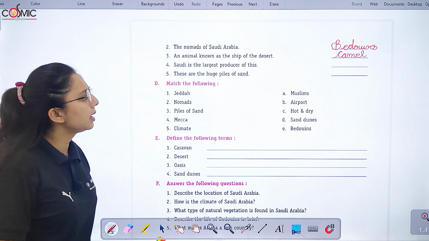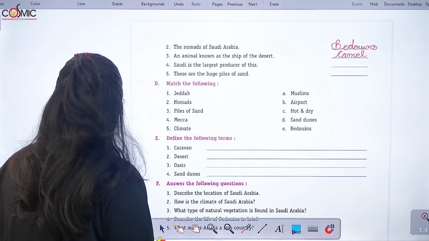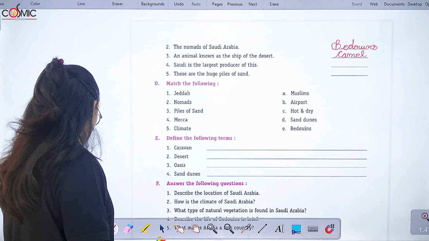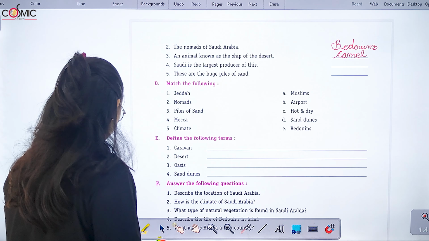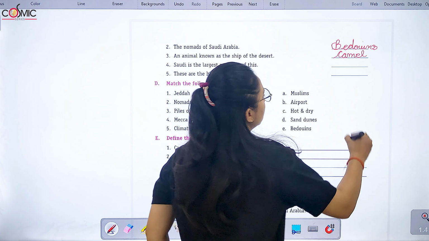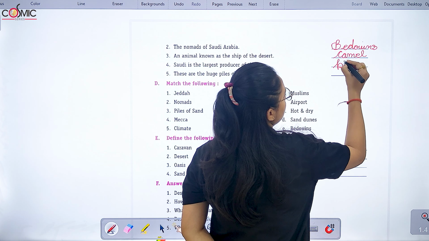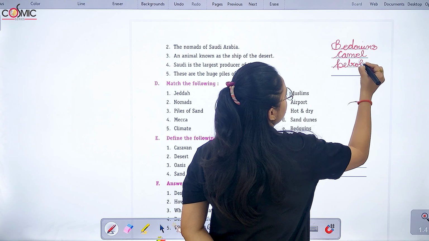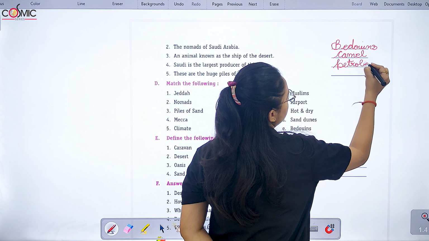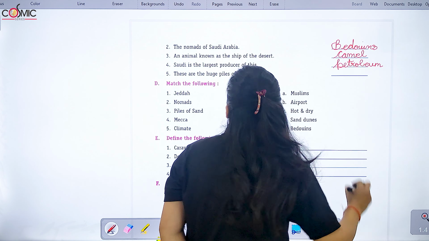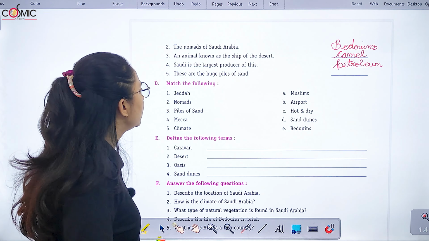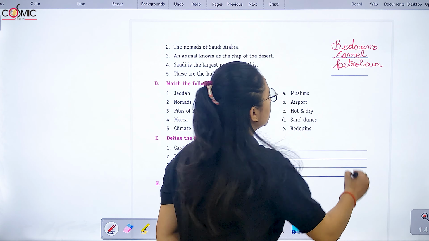Saudi Arabia is the largest producer of this. What does it produce? Largest producer of what? These are the huge piles of sand dunes.